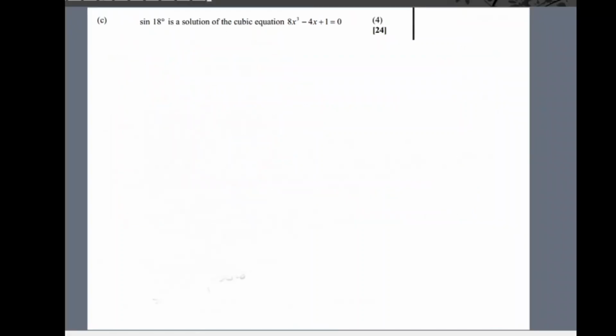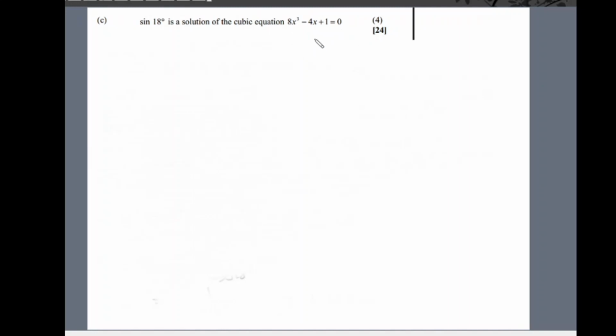Right, they want us to show that sine 18 is a solution of this cubic equation. So to show that something is a solution to an equation, it means that if you substitute that something in that equation, it should satisfy the equation, right?